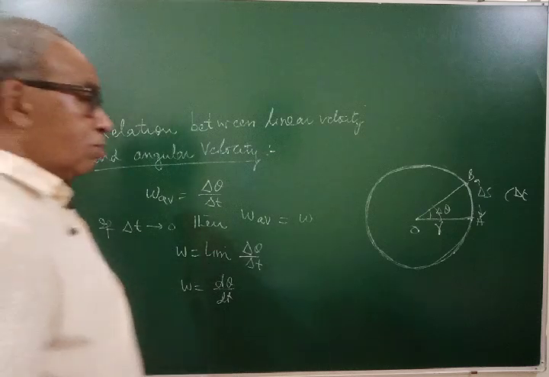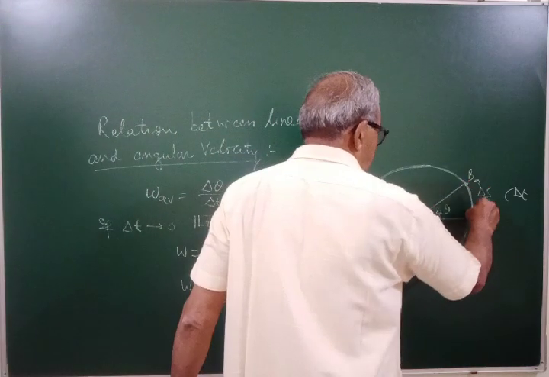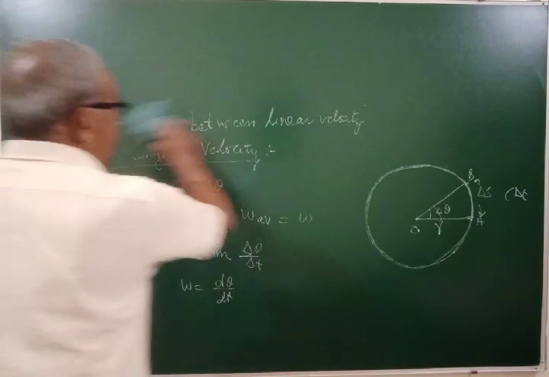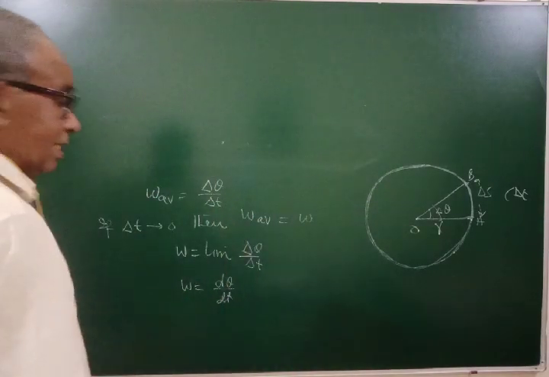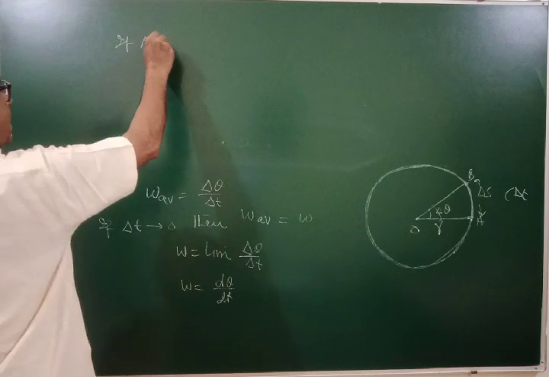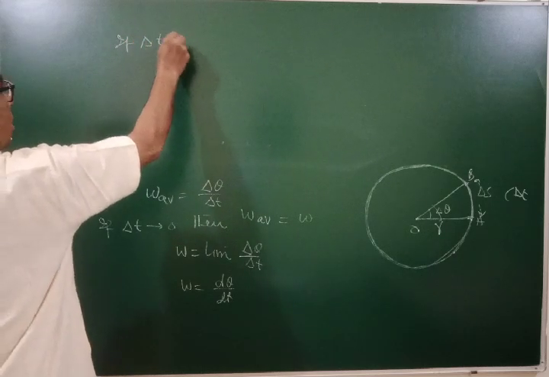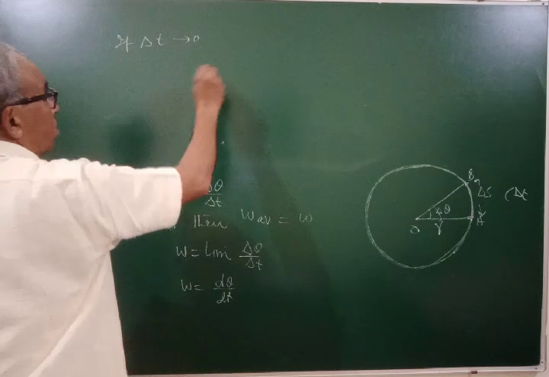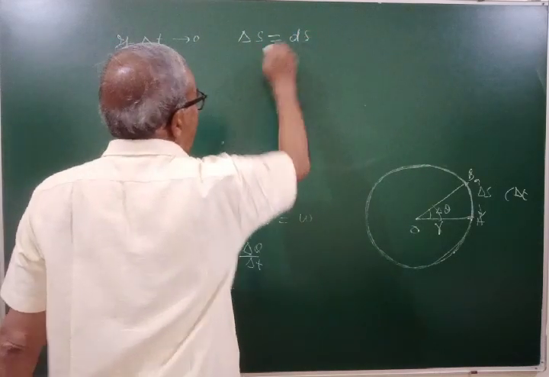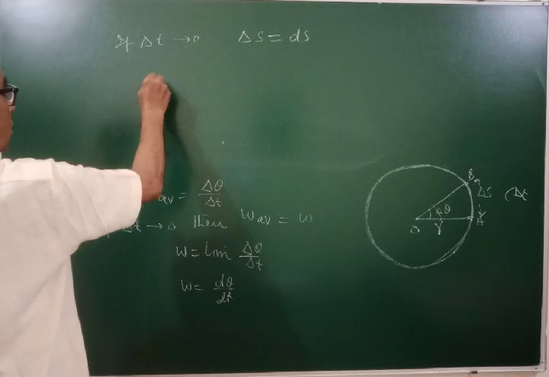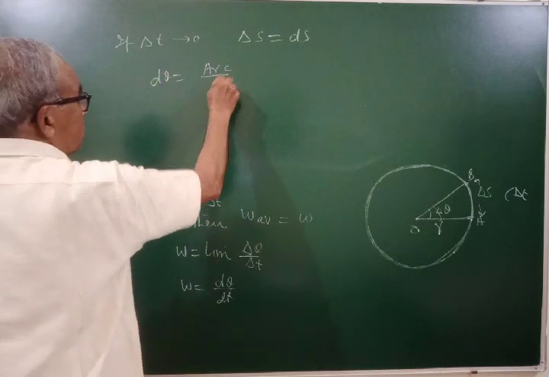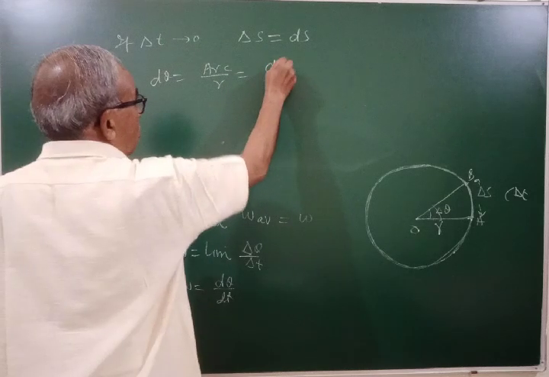When dt becomes small, the length of arc becomes small, and hence if delta t tends to 0, then delta s is written as ds, and d theta is equal to ds upon r, where r is the radius.